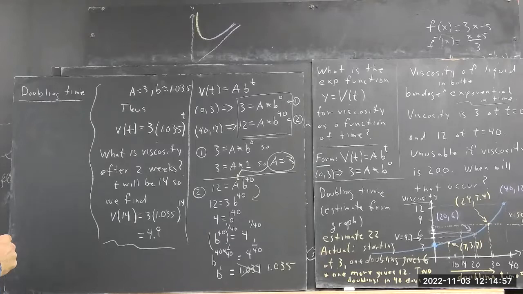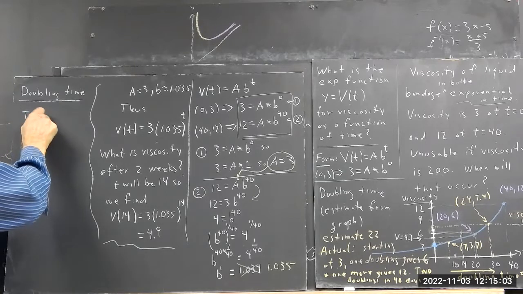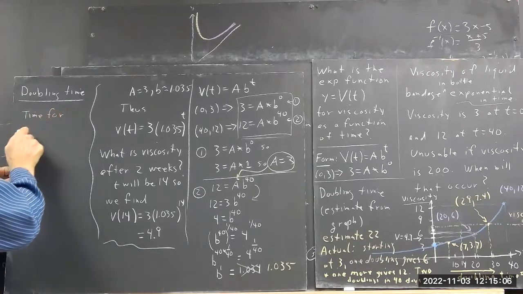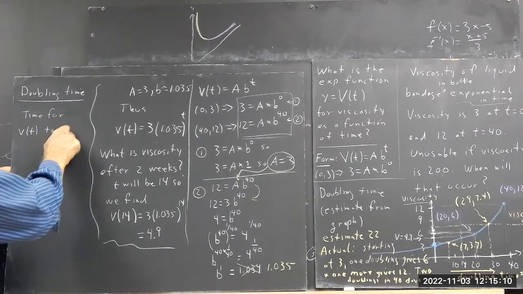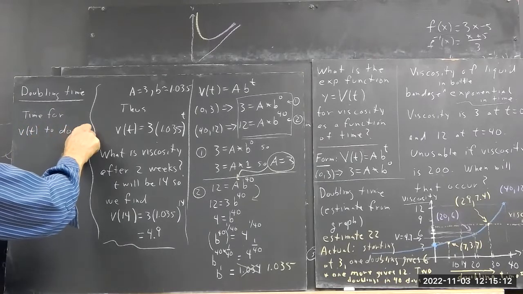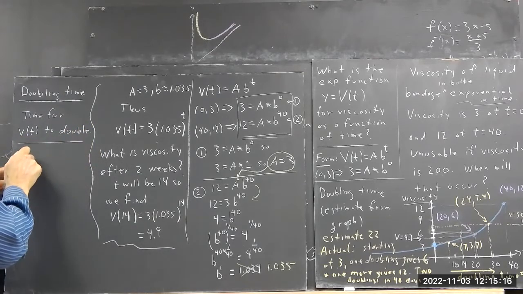I really like to write it out in general, but we're going to say the time for V of t to double.